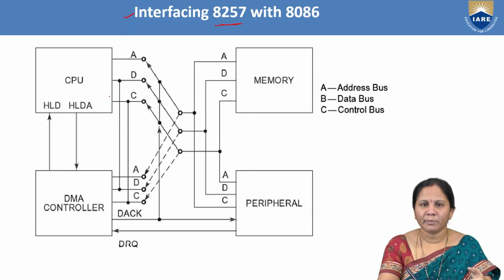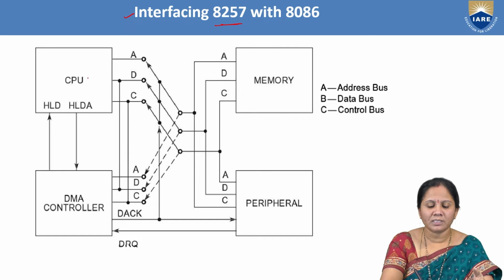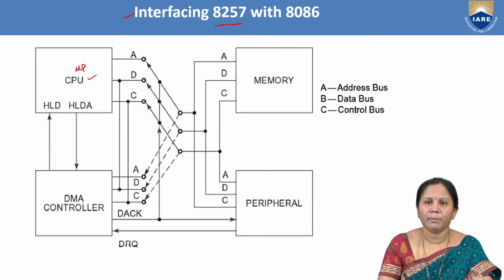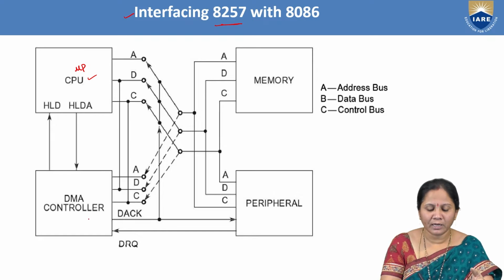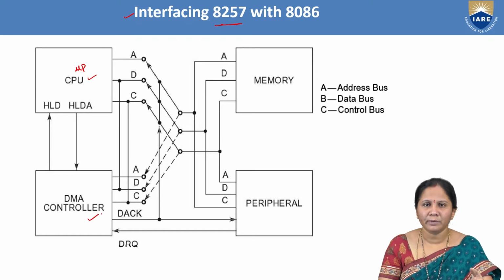This is just the schematic diagram of how to interface this DMA controller with 8086 microprocessor. Now coming to the basic concept about how all the blocks are arranged. Here this is the CPU, generally in our case it is the microprocessor, and here comes the DMA controller unit.